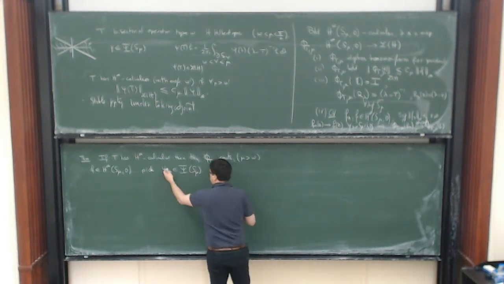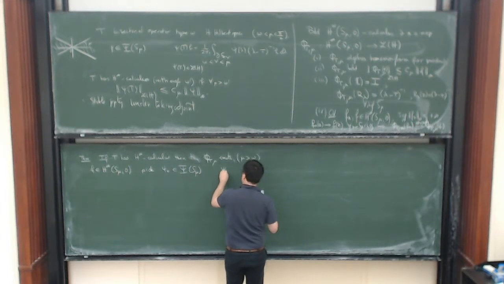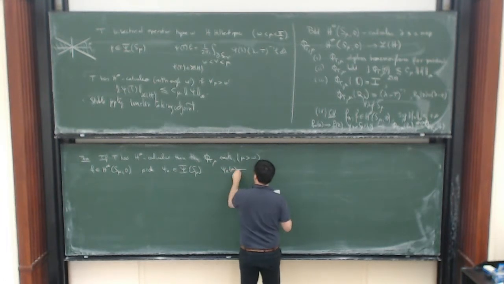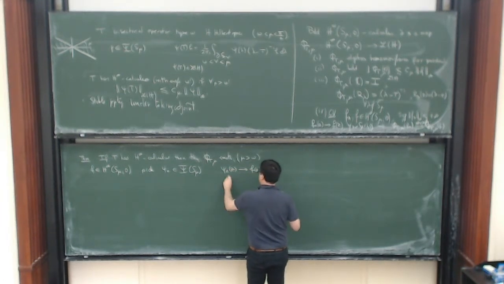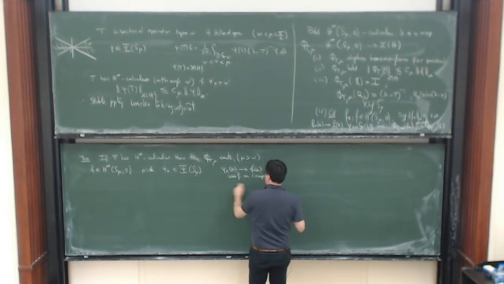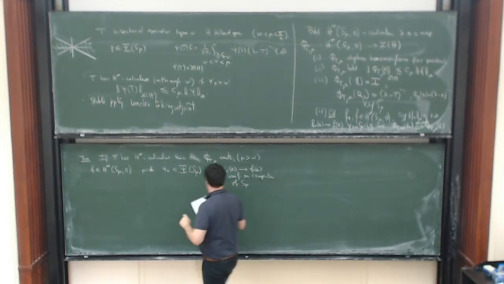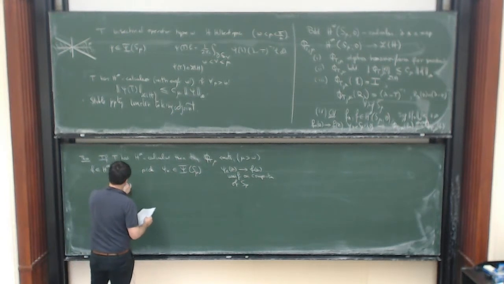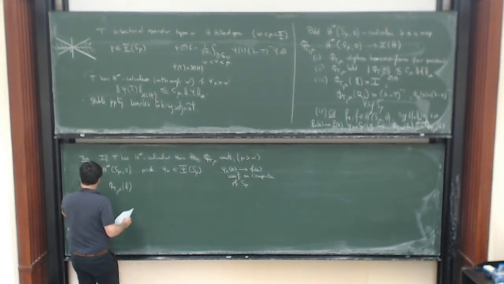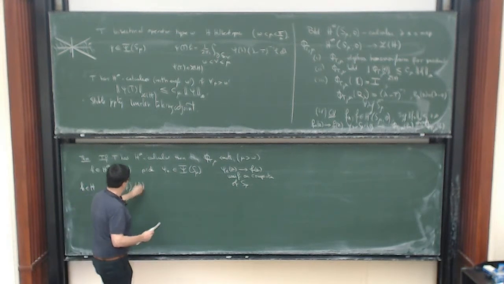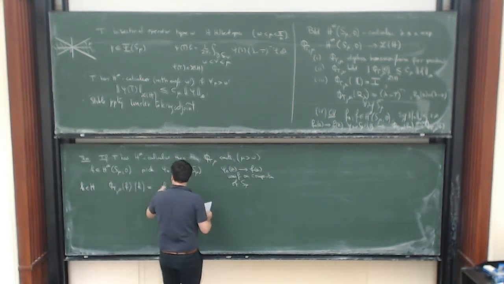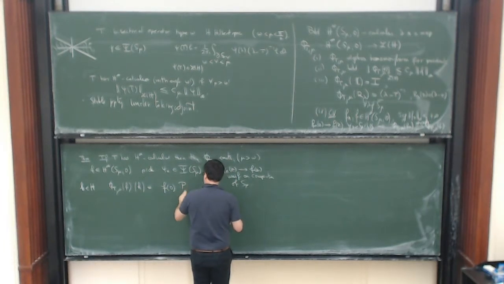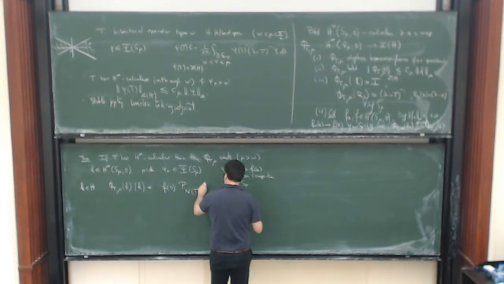And then you pick a sequence such that you impose psi n of z to converge to F of z uniformly on compacts of S mu. And then you define phi T mu of F. If you pick h, a vector in H, the action on h is just going to be F of 0, which is a scalar number, times the projection on the null space of T applied to h.